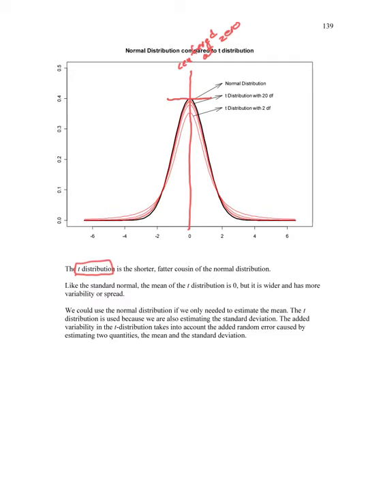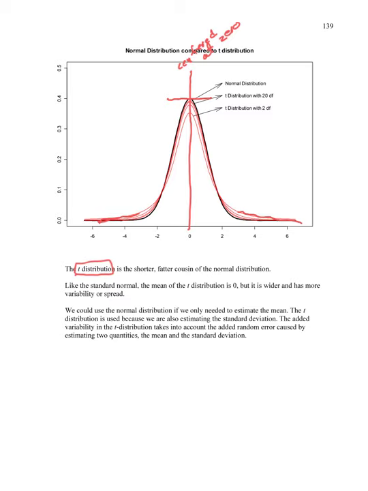If you press down on it, some of it would come squishing out the sides. So that's exactly what's happening. They all have 100% area under the curve. But as I just said, the t is wider, with more variability. And it's this added variability that's going to account for that second source of random error.